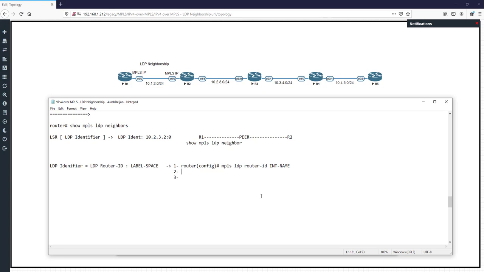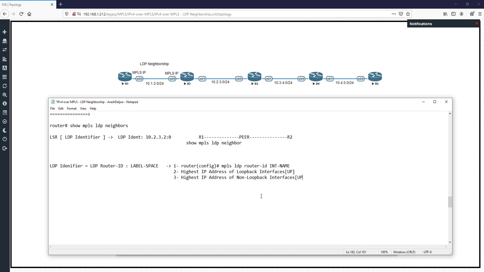The second method is the highest IP address of loopback interfaces that are up. Okay, it should be up. And if we don't have a loopback, the highest IP address of non-loopback interfaces.